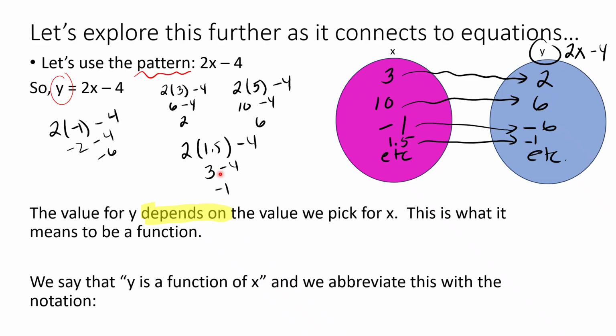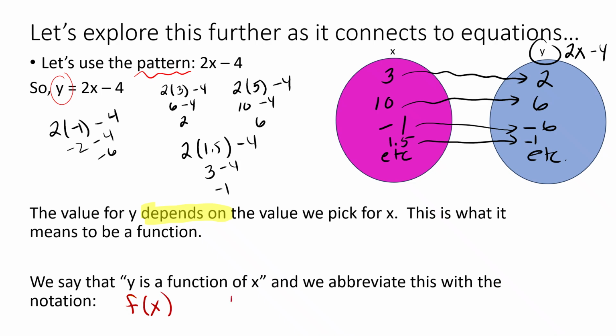So we've got our everyday vocabulary, y depends on x, and then this more mathy sounding vocabulary where we say y is a function of x. And we abbreviate that with this notation right here.